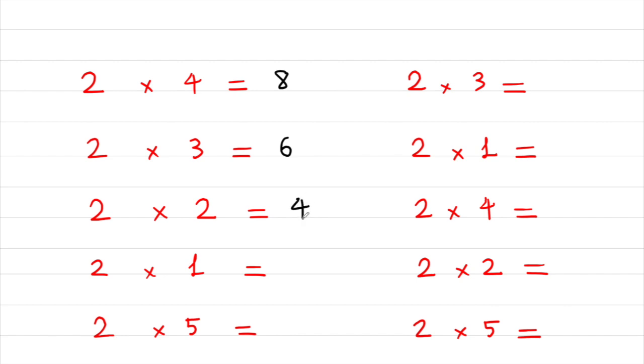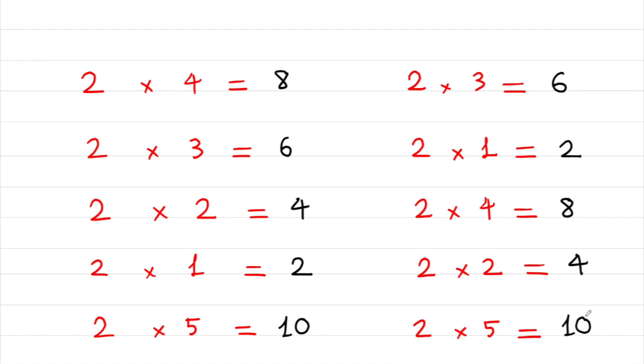You have 4. 2 times 1, you have 2. 2 times 5, you get 10. 2 times 3, you have 6. 2 times 1, you get 2. 2 times 4, you have 8. 2 times 2, you get 4. 2 times 5, you have 10. Okay, that's very easy, right?